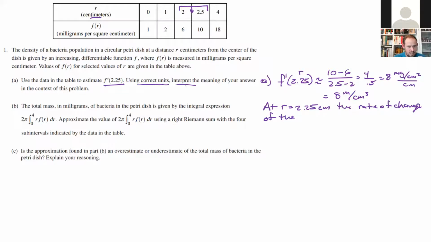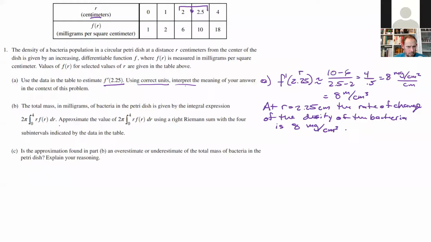Well, it's the density of the bacteria. Density of the bacteria is 8 milligrams per centimeters cubed. cc's is usually what we use for centimeters cubed, but that's fine right there. So there's our answer for A.